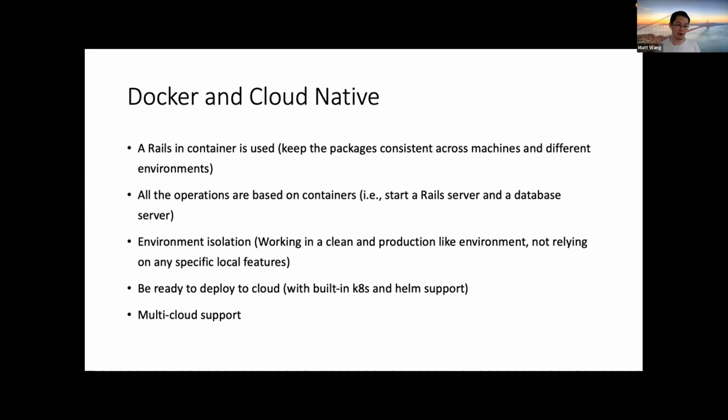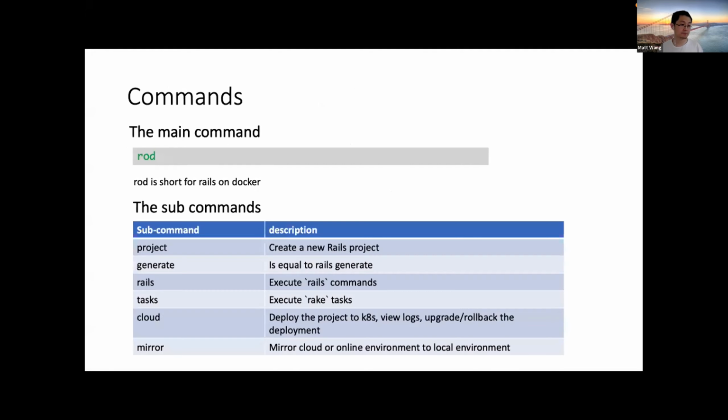Even if you don't write even one line, you are ready to do that. So in terms of database and the Ruby on Rails project, with Kubernetes, it will support multi-cloud providers.